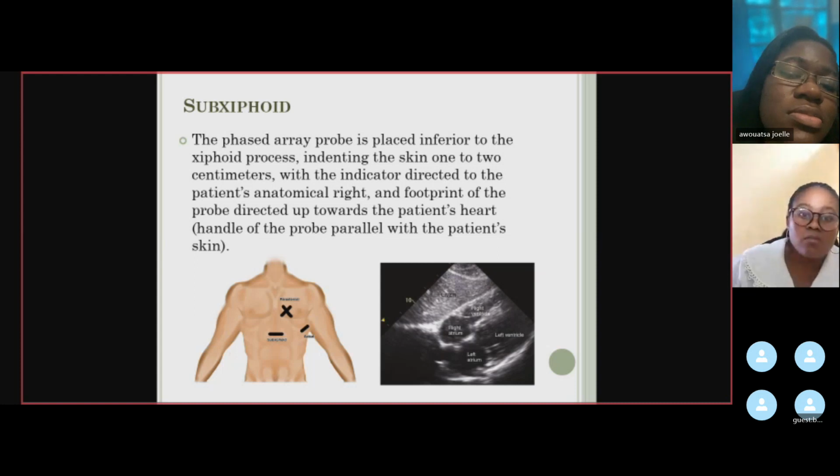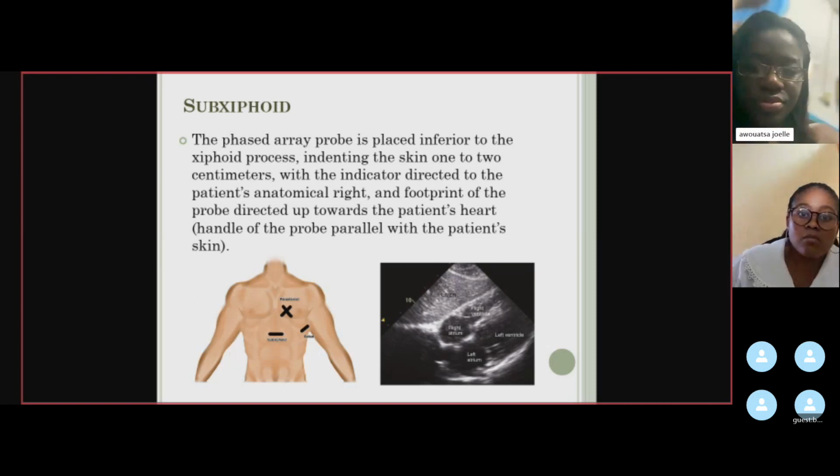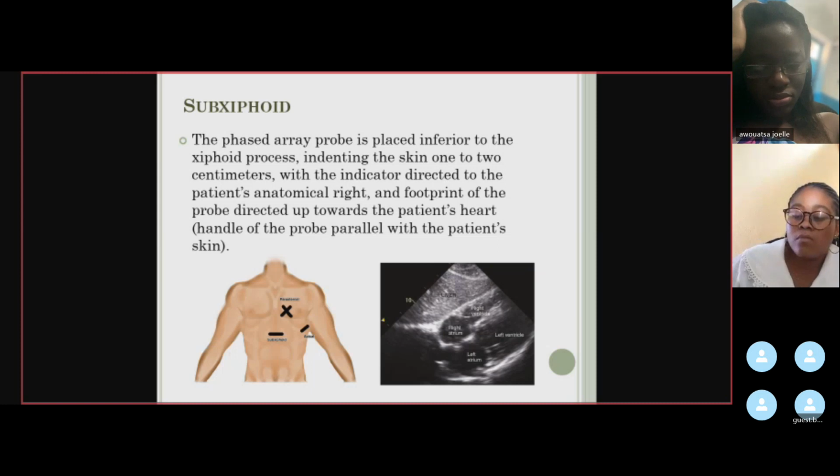We will get an image like this, wherein we will get to see the left atrium, right ventricle, and the left ventricle with some part of the liver. With this subxiphoid view, we will get to see all the 4 atria and ventricles with the liver.